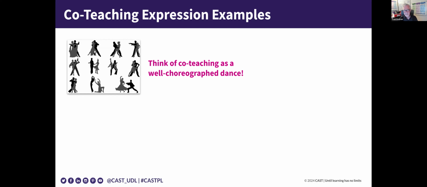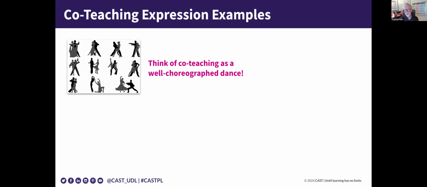Look at the different dance moves here. The images on the screen are of a waltz, a tango, or dancing independently, expressive dancing, but it all comes down to a well-choreographed dance, I think.